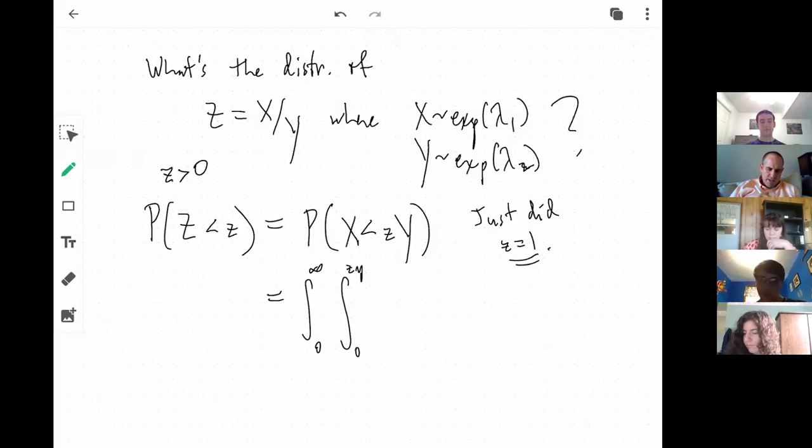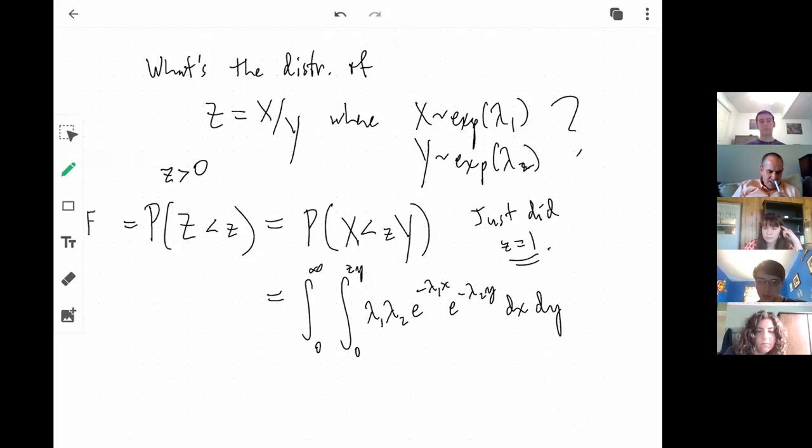That's right. And then it would be lambda 1, lambda 2, e to the minus lambda 1 x, e to the minus lambda 2 y, and this would be dx dy. Does that make sense? And by the way, this thing over here, that's the CDF of capital Z, correct?